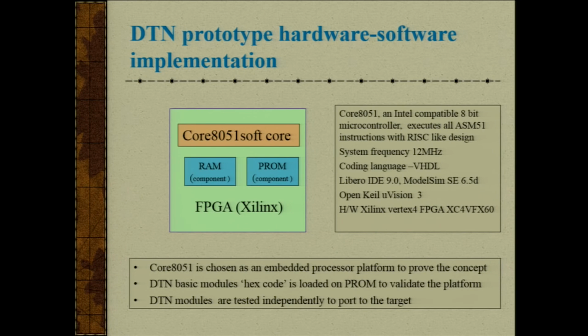RAM is used as persistent storage. Modules in hex are loaded in the PROM to validate the platform. Modules are developed and tested independently to port to the target. The system frequency is 12 MHz. Coding language is VHDL, and Open Keil version 3 we have used for compiling the software modules.